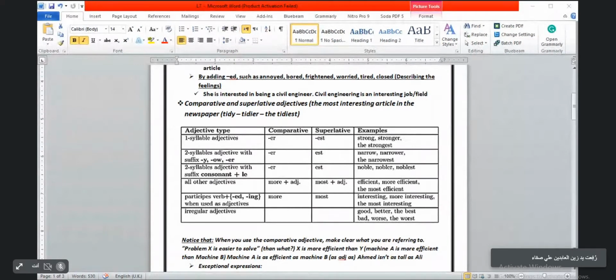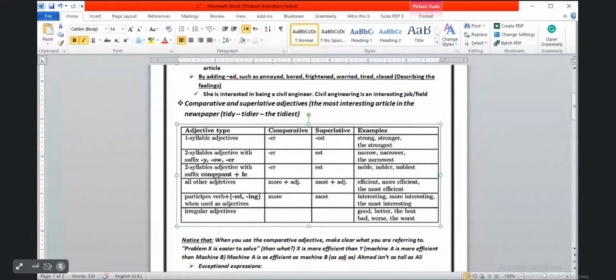If you look at the table, in the second row there are two-syllable adjectives ending with y, ow, or er. Now liar ends with er, so you should add er or est. So the liarist. Do you get that, Maryam?